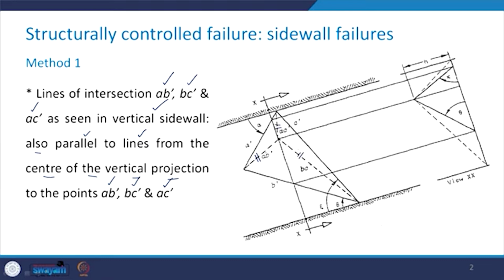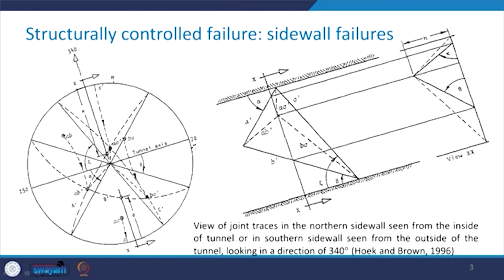Let us try to see these along with the stereographic projection. Here you can see this is great circle A prime, this is great circle B prime and this third one is great circle C prime. Wherever B prime and C prime intersect, that point is BC prime. A and B here is AB prime, and A and C, this point is AC prime.